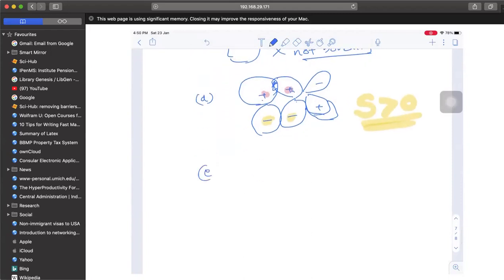Then the E part, you have a p orbital, that is the shape, and you have a dz square type of orbital.